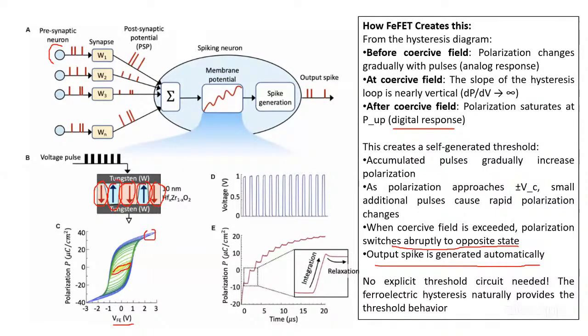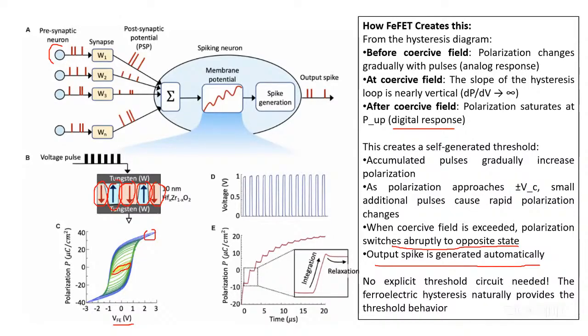So all the properties of the neuron are integrated in this ferroelectric material, and we do not need an explicit threshold circuit. All the functions involved in the neuron are done by the ferroelectric FET independently without using additional devices, because you need a leaky integrator in the case where we try to mimic the neuron in hardware.